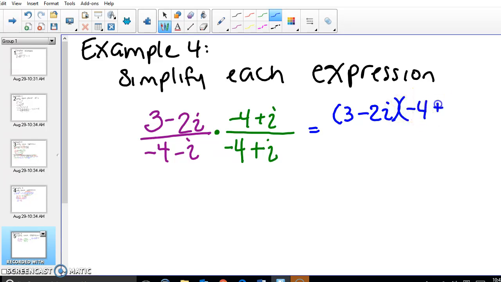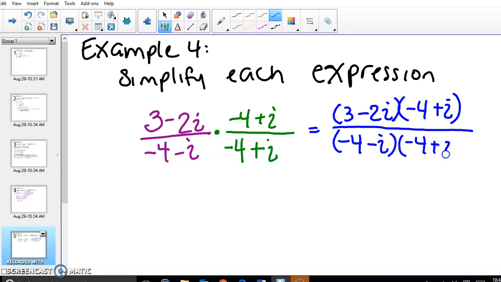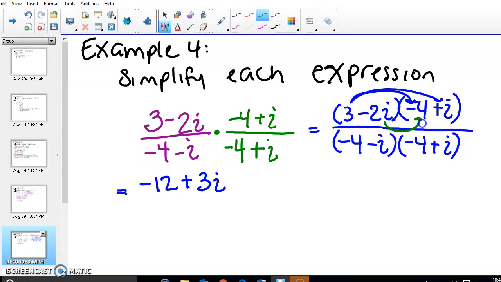I'm just going to rewrite it to do our distributing. So I'm going to take 3 times negative 4 and 3 times i. 3 times negative 4 is negative 12. 3 times i is 3i. I'm going to take negative 2i times negative 4 and negative 2i times i.